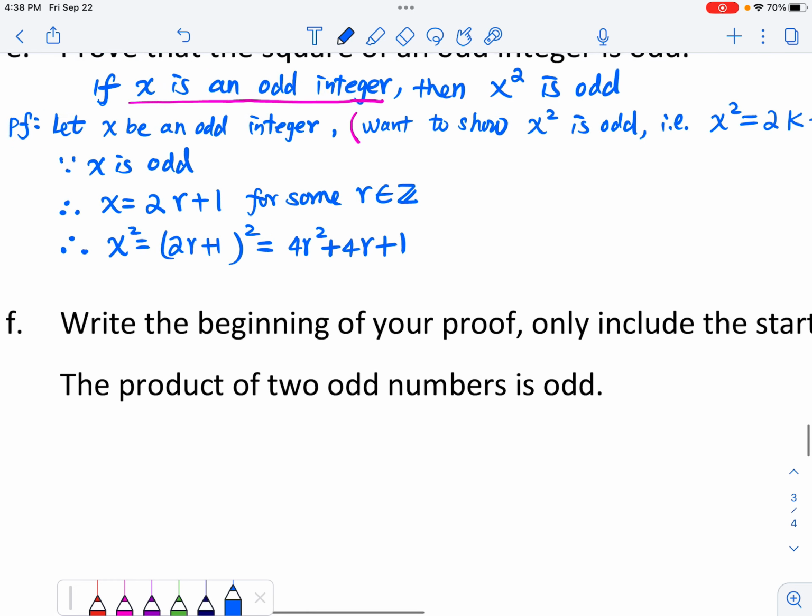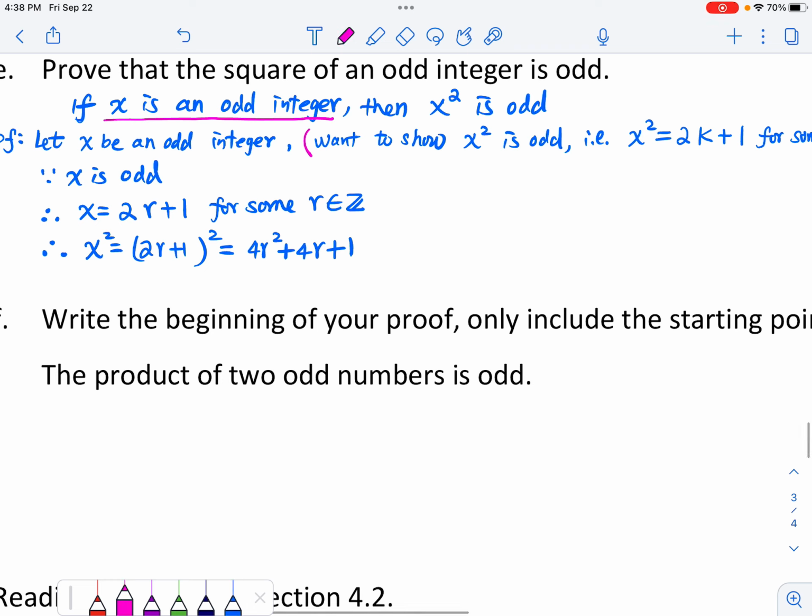Now, again, always keep that in mind. That's your goal. You want to show that x squared, which is this, can be written into this form. And I do see already there's a plus 1 over there, so I try to rewrite the rest into 2 times some integer.